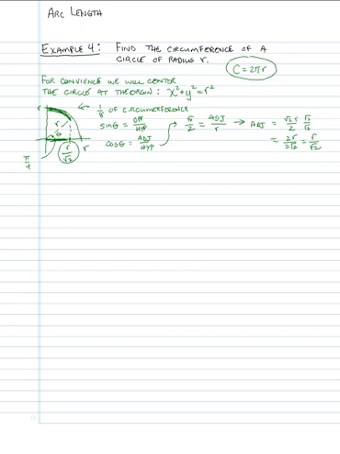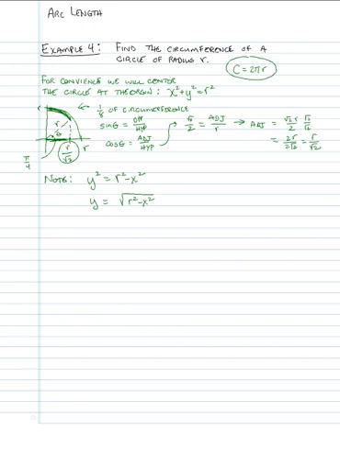Let's see where we are now. We also need to make a note here that y squared is equal to r squared minus x squared. Now we're just using the formula for the circle. But from there, we do know also that y is the square root of r squared minus x squared.